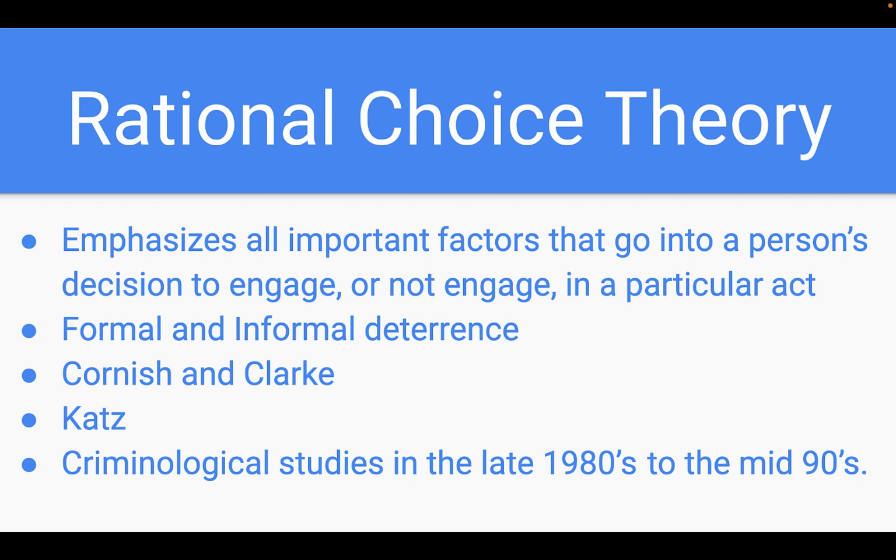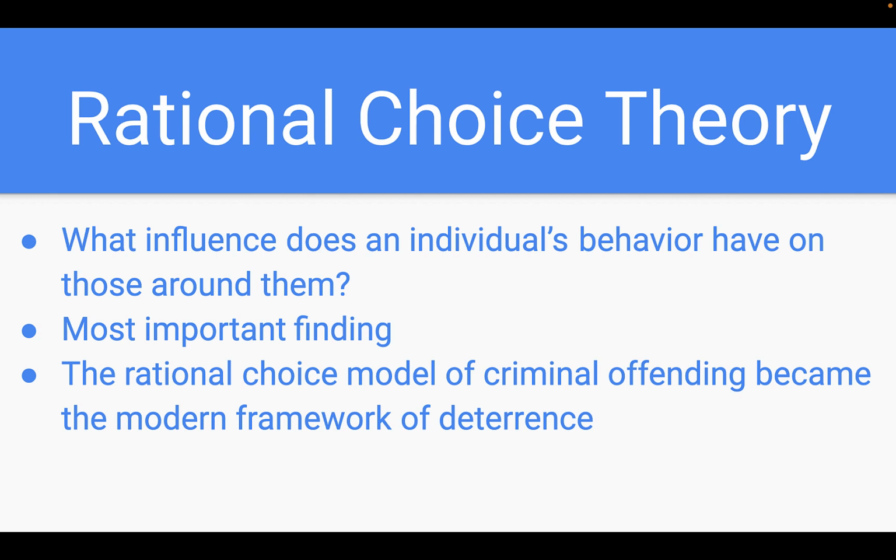Another area of rational choice research in that same time period of the 80s and 90s dealt with the influence of an individual's behavior on those around them. The idea is that the perceived social disapproval of those people around them was a very important variable in whether or not to decide to commit a crime.